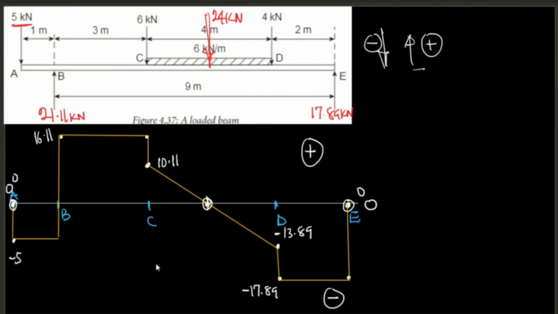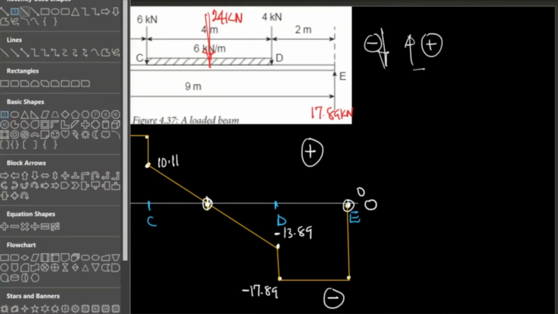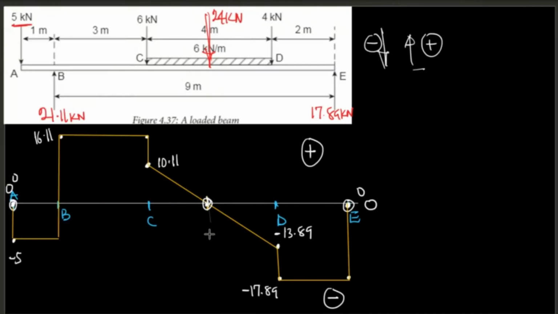Okay, I was explaining something, guys, that when you are dealing with beams and structures, the point of maximum bending is the point, let me indicate it with a dotted line, where the shear force diagram touches, or the point where it crosses.